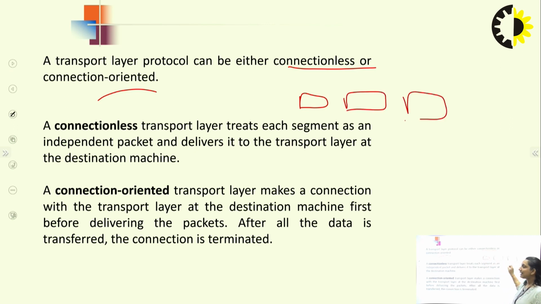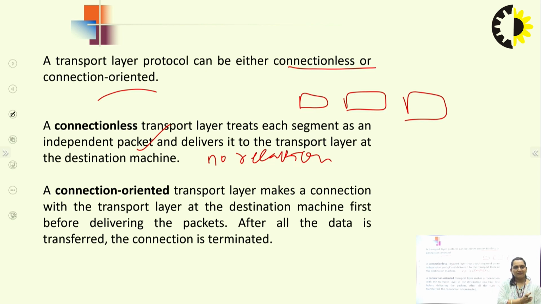There is no linking, there is no relationship between all these packets, because there is no synchronization number, no sequence number, nothing which will identify that this is linked with this. There is no relation, so they are all independent.